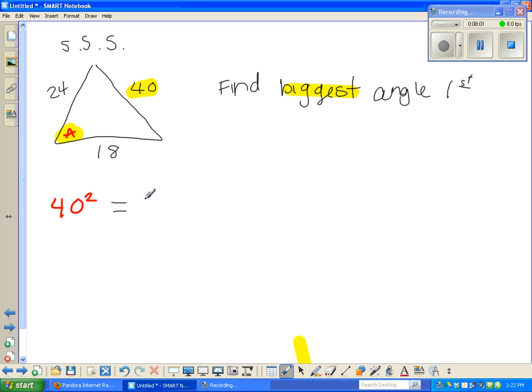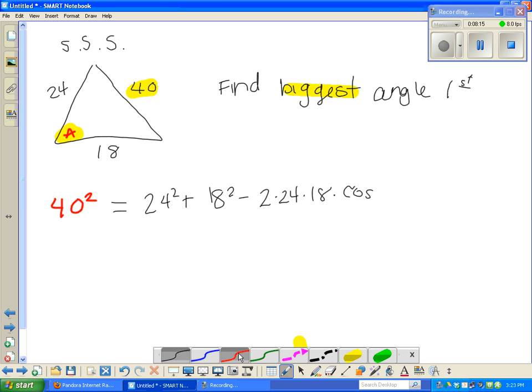So I'm going to have 24 squared plus 18 squared minus 2 times 24 times 18 times cosine of A. That's the one I'm looking for. So I've got A on this side and A on that side.